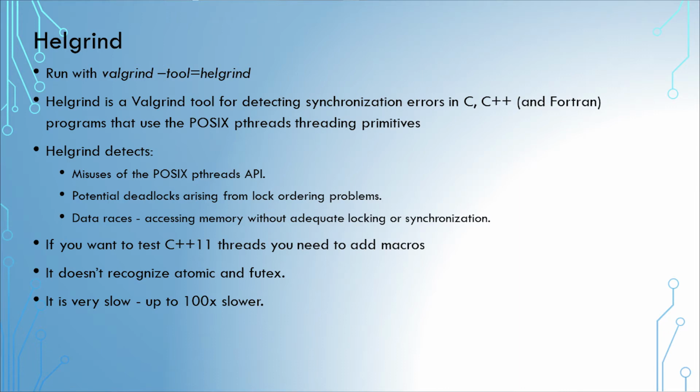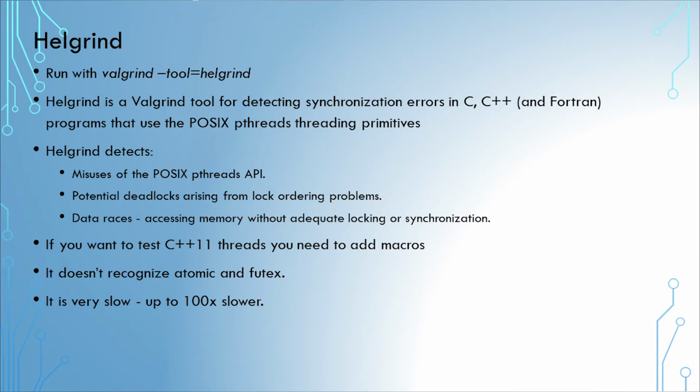Helgrind is a Valgrind tool that detects synchronization errors in C, C++, also Fortran, in all the programs that use POSIX pthread primitives. It detects misuse of the API, potential deadlocks, and data races.